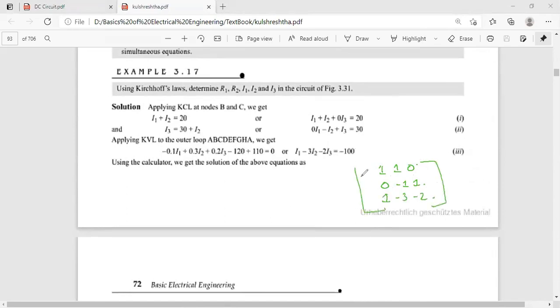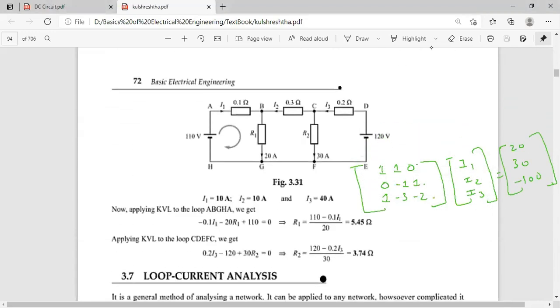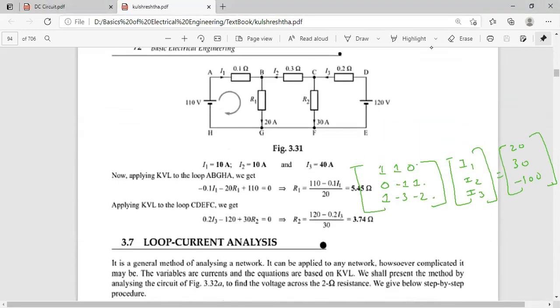These are the coefficients of I1, I2, I3, and this is equal to 20, 30 and minus 100. So this is what you have got as your equation. You have to solve using a scientific calculator, and finally you will get the values of I1, I2 and I3 as 10, 10 and 40.